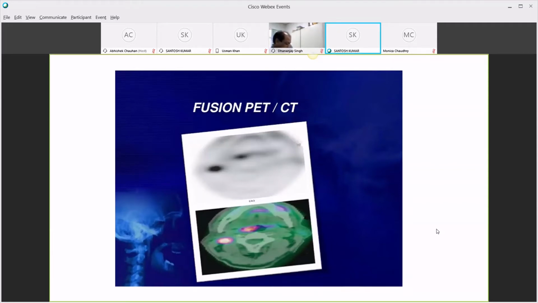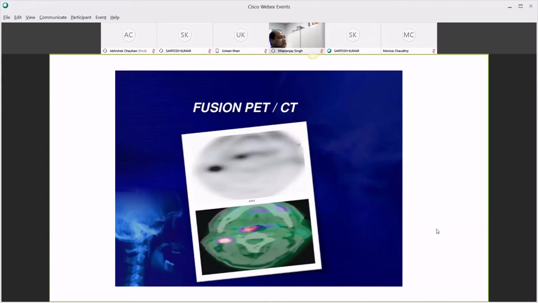You come to know that, and if you present that to the clinicians or the doctors, that makes it very easy for them to take the decision on what they are going to follow for the patient treatment.